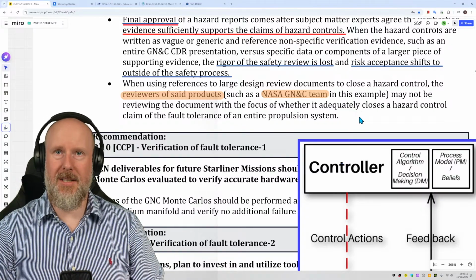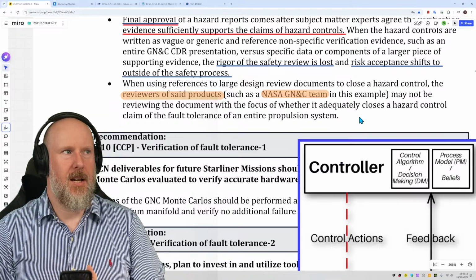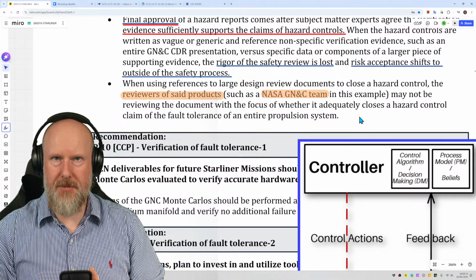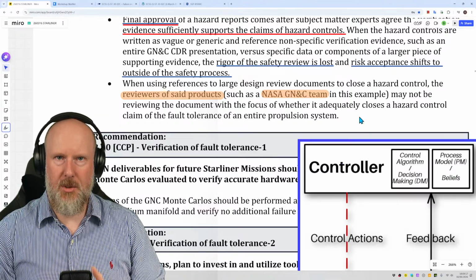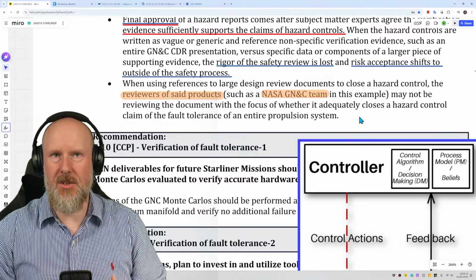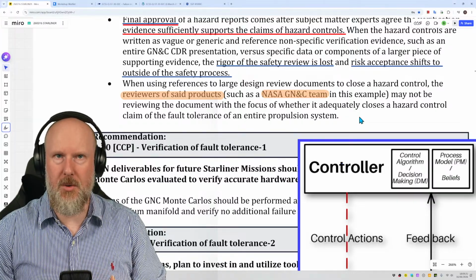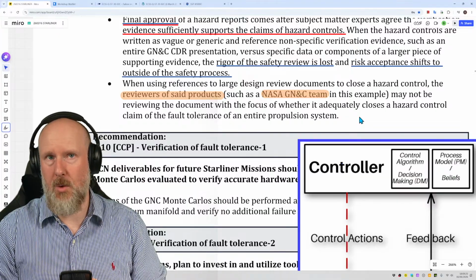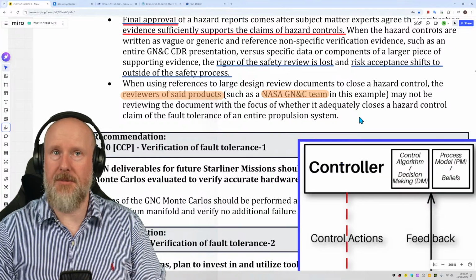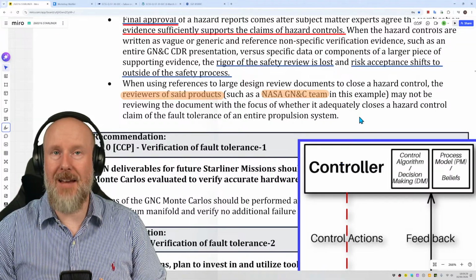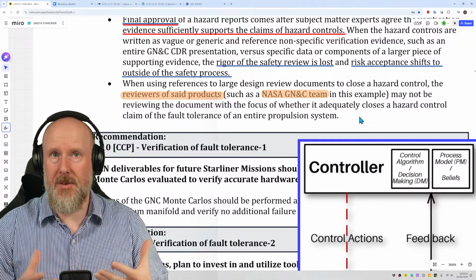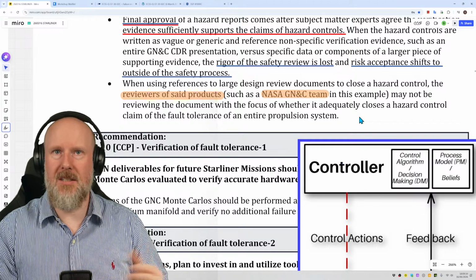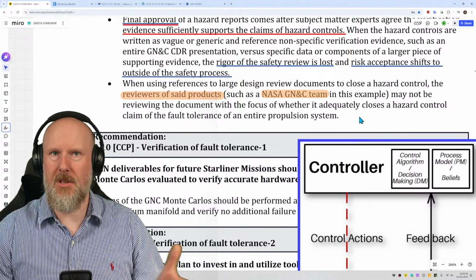But that's why when setting the criteria for the review of a document, there should be a setting of intentions. What is the purpose of this review? And does it align with the procedure, or is it different to what is required by the procedure? And if it's different, that should be explicit so that everybody involved knows what the scope of the review is and what's inside and what's outside and what the gaps that remain.